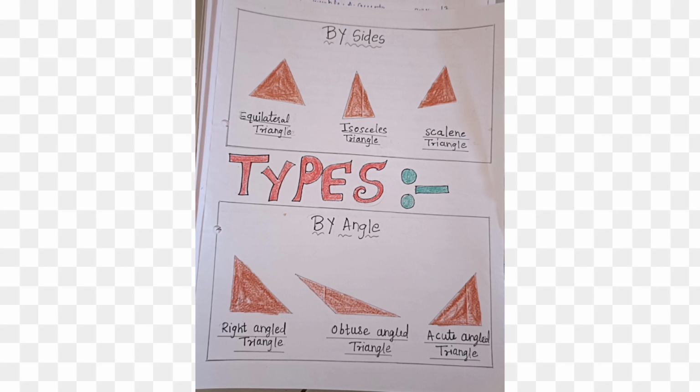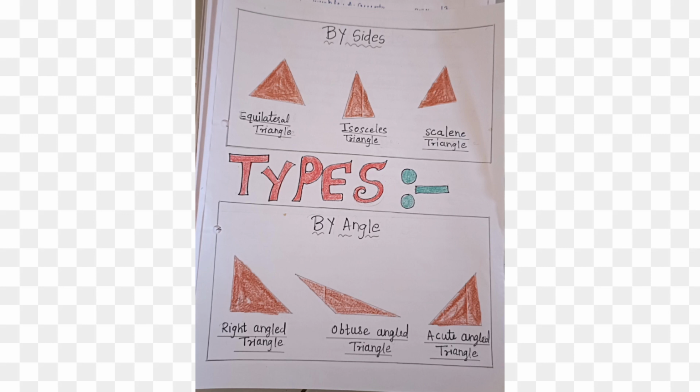Now we have understood the triangles which are classified by sides. Now we will go on to the triangles classified by angles. The first one is the right angle triangle. What is a right angle triangle? A right angle triangle is a triangle which has one angle of 90 degrees. In a right angle triangle, one angle of the triangle is 90 degrees.